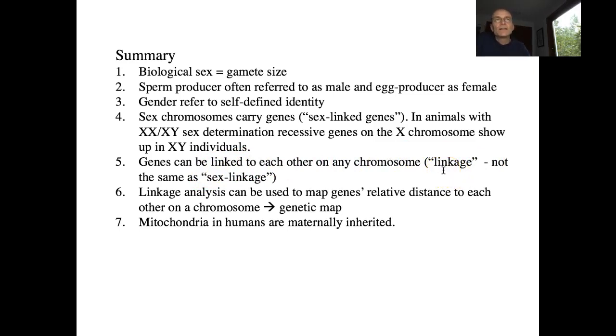And then we talked about how linkage can be mapped, how it can be used, how analyses for segregation patterns can be done by doing experiments where flies are crossed with each other or any other organism, and that from the number of recombinants versus non-recombinants, you can calculate the relative distance of genes and put them on a genetic map.